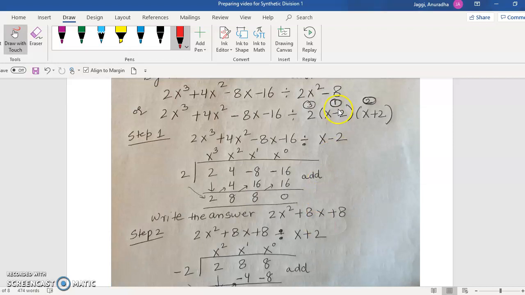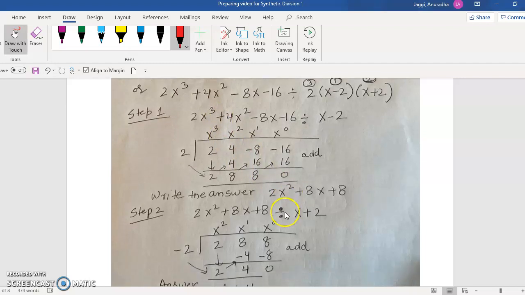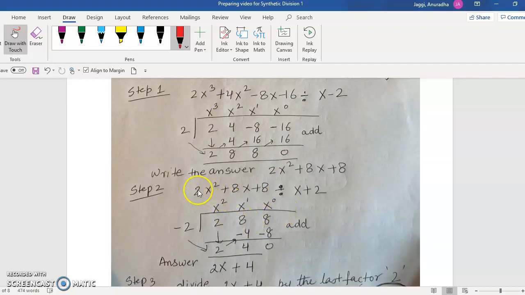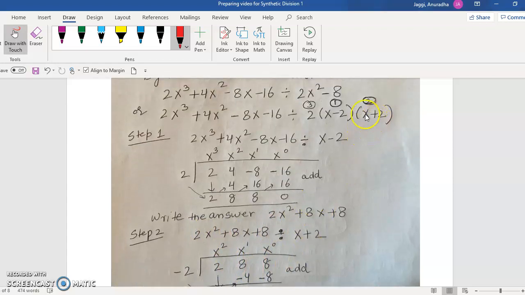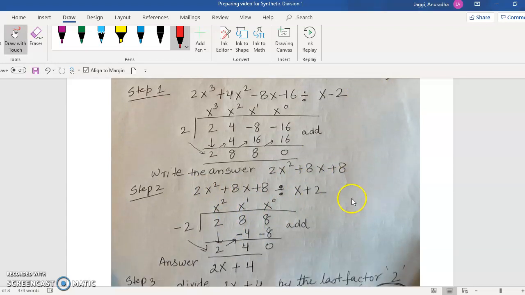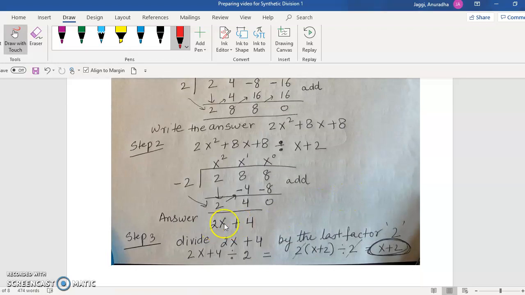So I have done this first. So -2, it became a +2. I got my answer. I wrote down a degree 1 less than the dividend. After that, I used that as my dividend and used the next factor to divide. And then I got my answer.